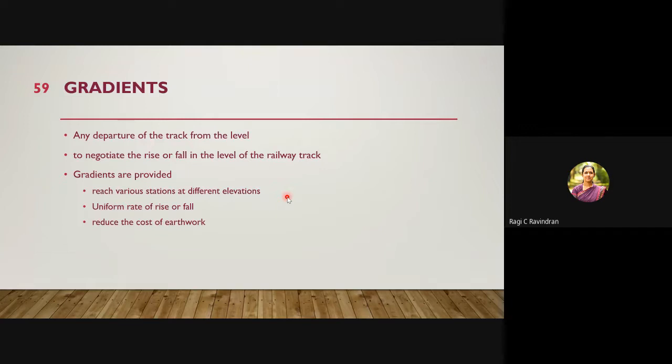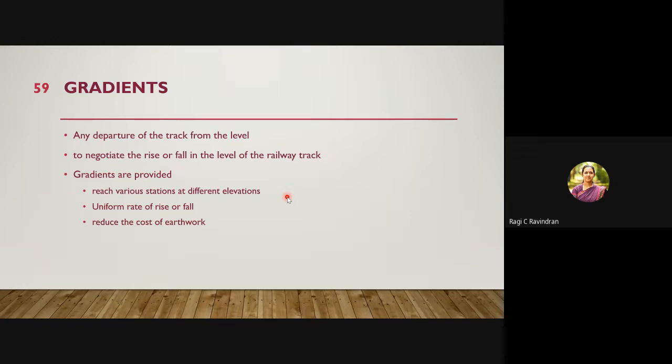Not all the railway stations or not all the places of a country are at the same level, right? Maybe Trishur is having a different level. In Trishur itself, we can experience that some of the places will be at a more elevated area, and some will be at a lower level, at a lower area.